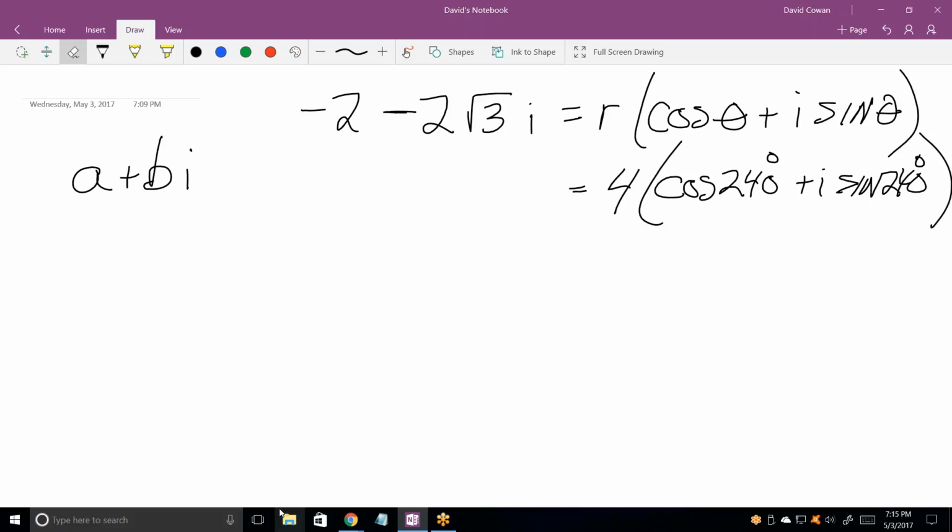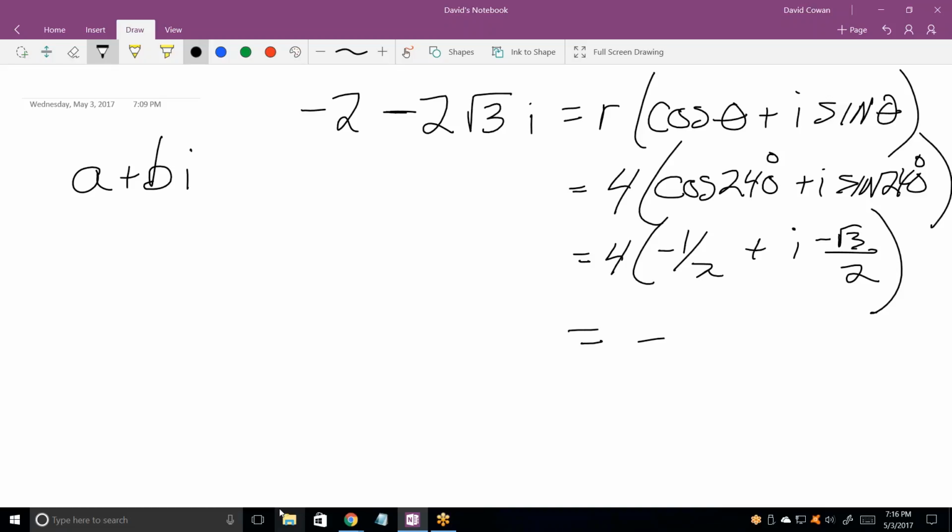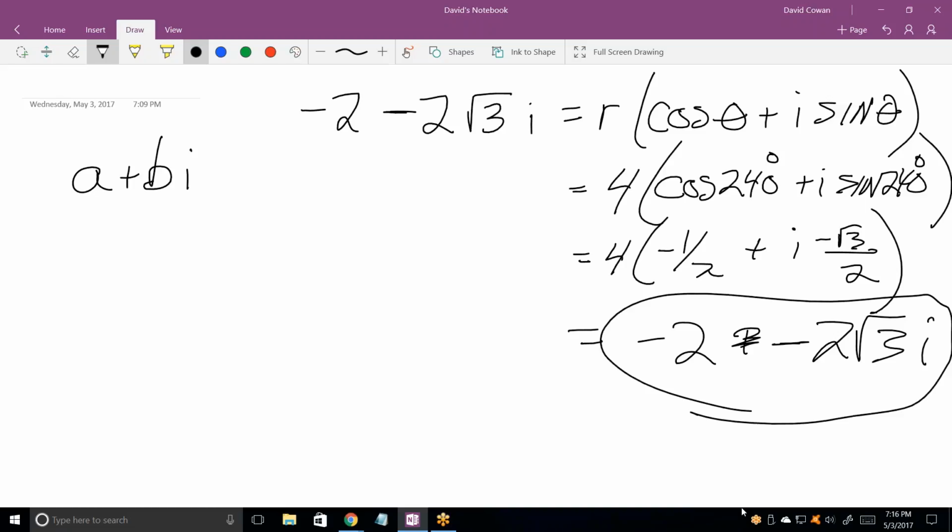The cosine of 240 is negative 1/2. The sine of 240 is negative root 3 over 2. Distribute the 4, you get minus 2 minus 2 root 3i. In other words, you get what we started with.